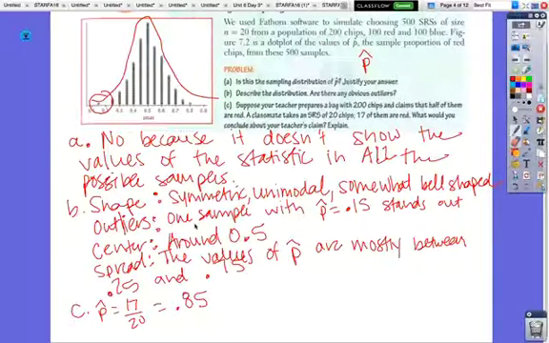And so it's pretty unlikely that you would obtain a simple random sample of 20 chips in which p hat, which is the sample proportion, would be equal to 17 out of 20, or 0.85, from a population of 200 chips, half of which are red. In fact, values of p hat this large never occurred in 500 simulated samples.